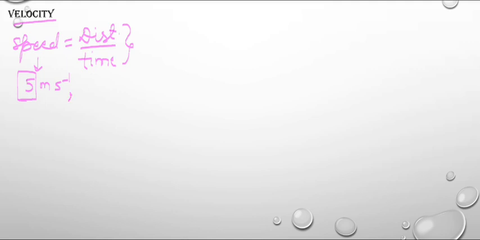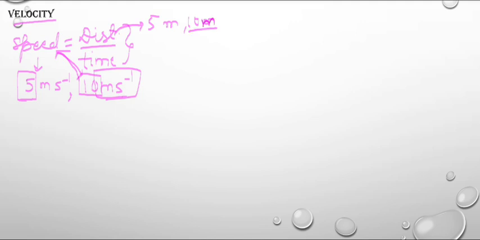If the speed of the object is 10 meter per second, here 10 is the magnitude, the numerical value along with the unit. The numerical value of the quantity is known as the magnitude. Students, we know that distance has magnitude only, that is either 5 meter, 10 meter, 20 meter, and so on.